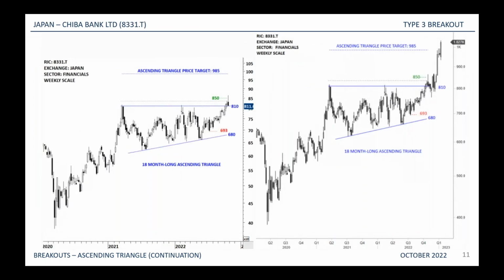Type 3 breakout: we didn't have a type 1 breakout on ascending triangles. So that's why I'm putting type 2 and type 3. So let's look at a type 3 breakout. What does it look like? So the minor low, 693, is the chart pattern negation level. And after the breakout confirmation, stock pulls back. Probably all those tight stop losses got triggered, and those aggressively managed trades have been stopped out.